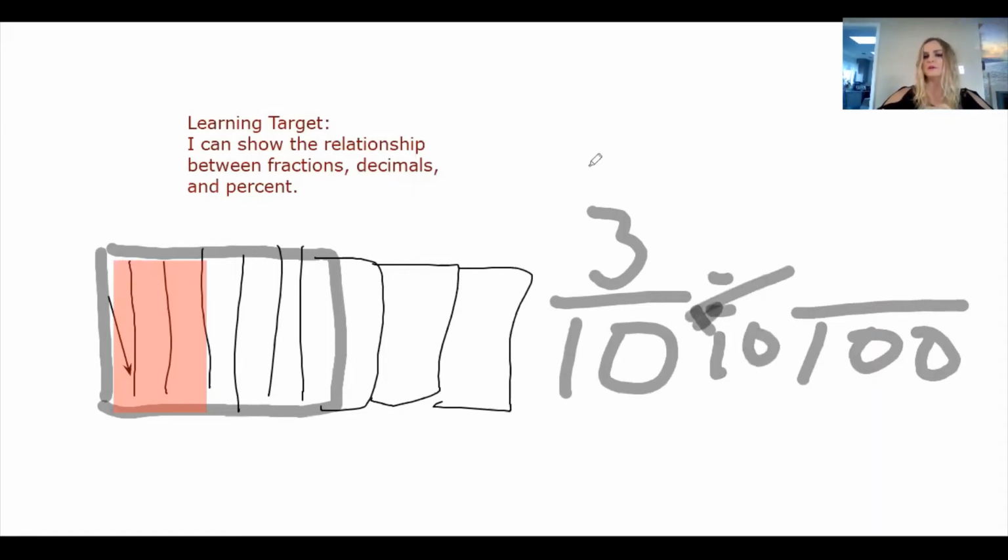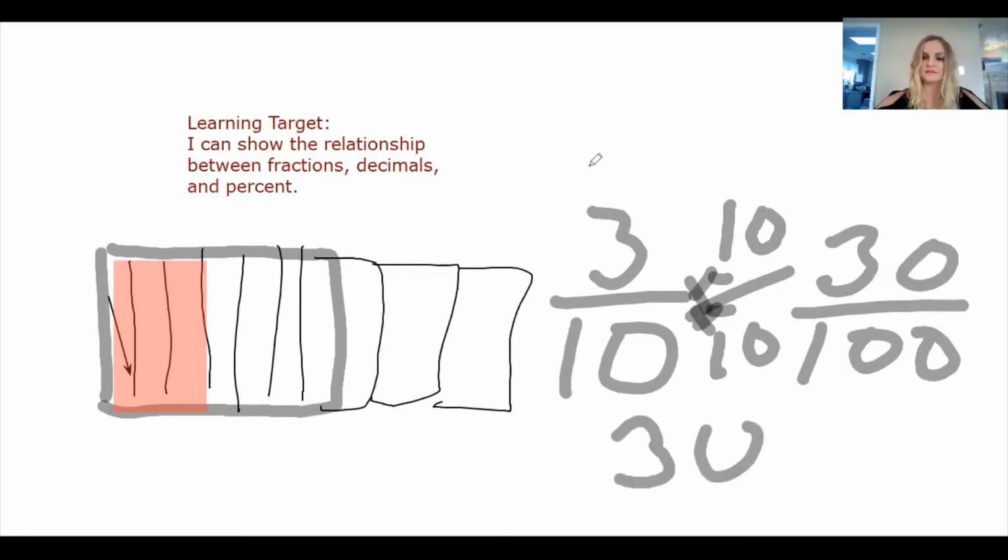Whatever I do at the bottom, I have to do on the top. 3 times 10 is 30. Now remember, boys and girls, when you have 30 over 100, we know that 30 is the percent, 30%. Because remember, percent, we always say it's out of 100.